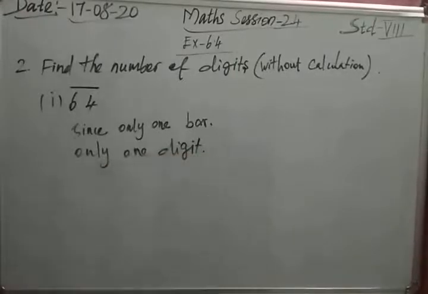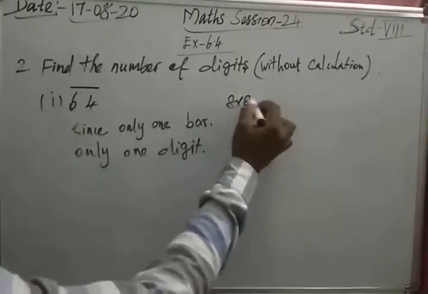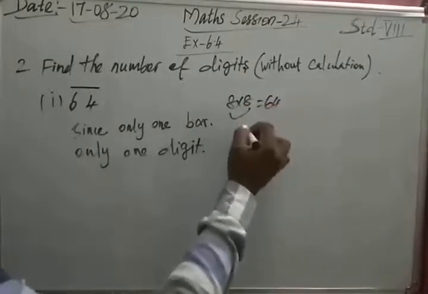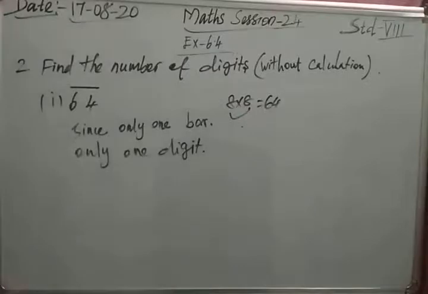If you have any doubt, you can verify: 8 multiplied by 8 is equal to 64. Only one digit. You don't need to do this; I have just given it for your verification. 8 into 8 is equal to 64.